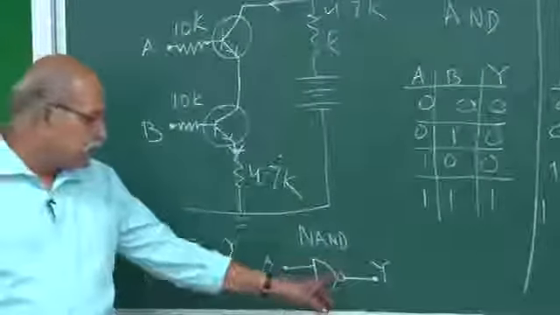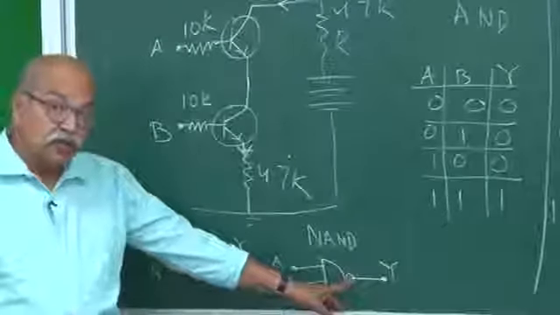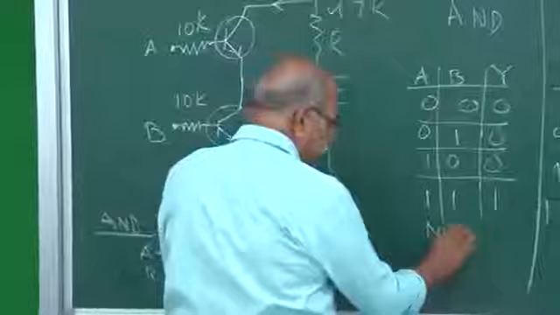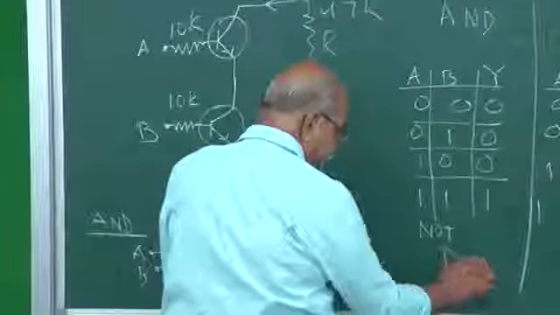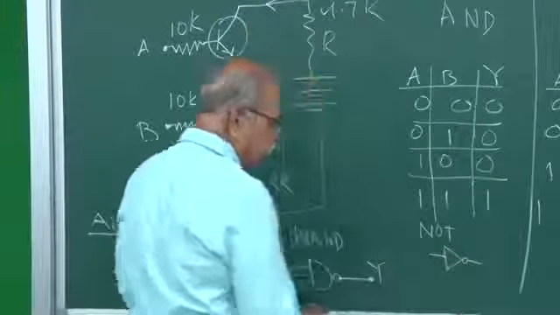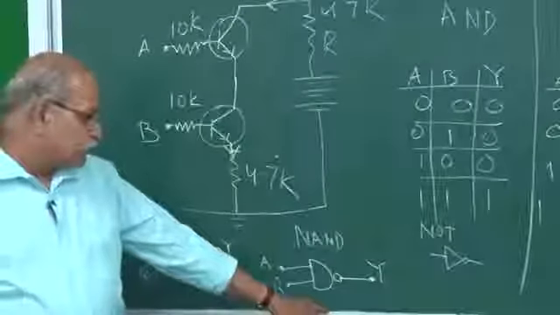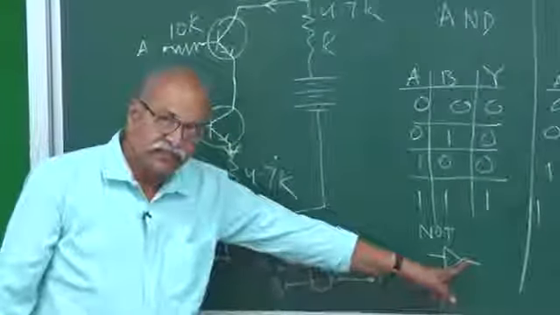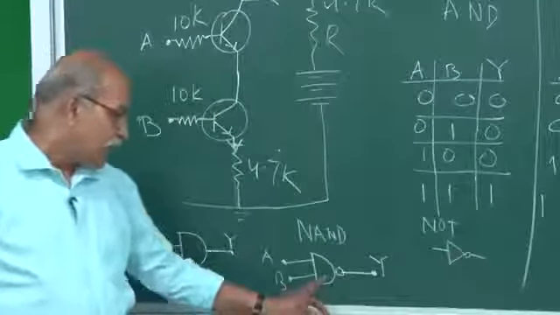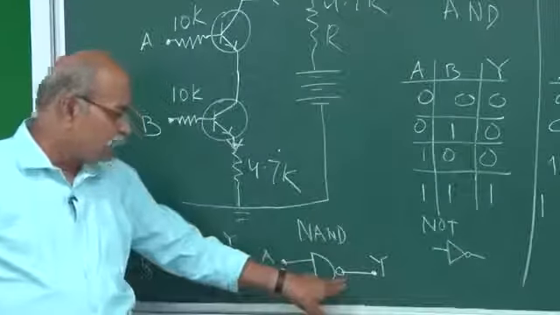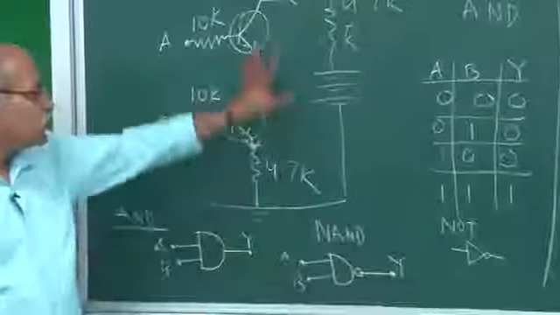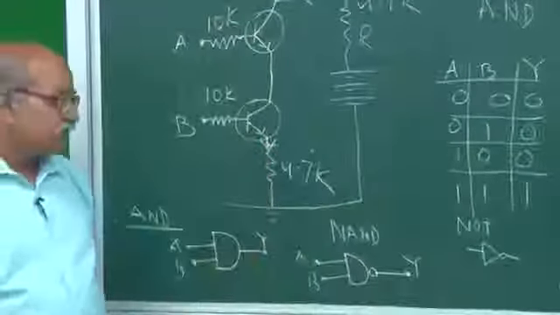So this circle here denotes NOT. Remember the symbol for NOT? The symbol for NOT was like this, single input. So wherever you see this circle, you understand that this is NOT gate. So AND and then NOT of AND, and that is the symbol for NAND, and this is how you can realize this NAND gate.